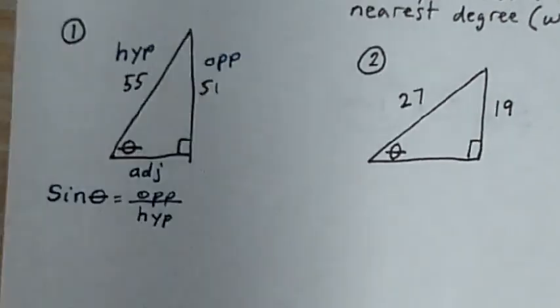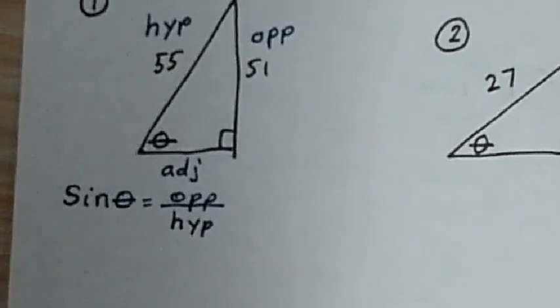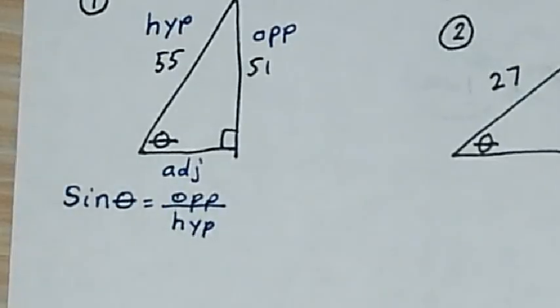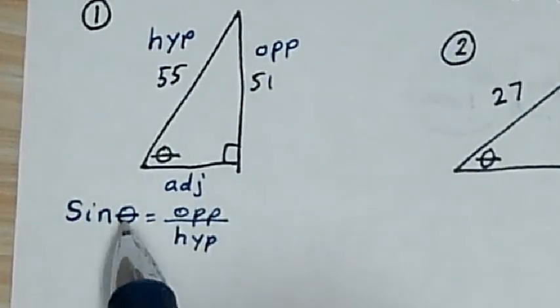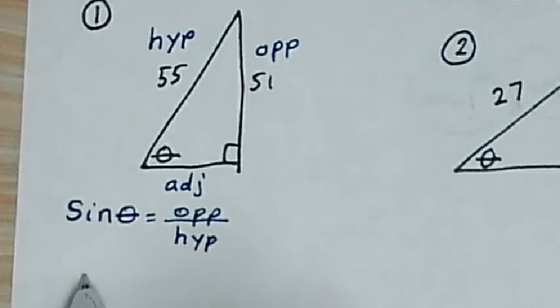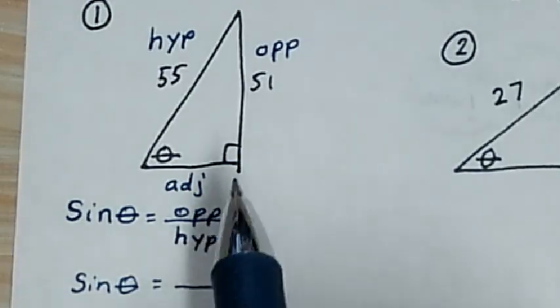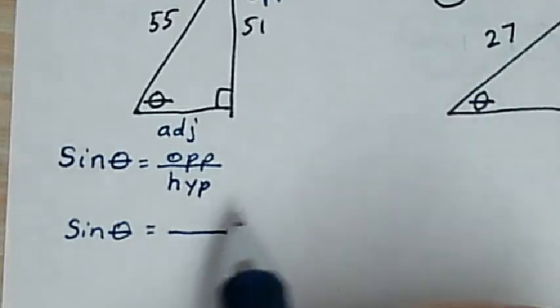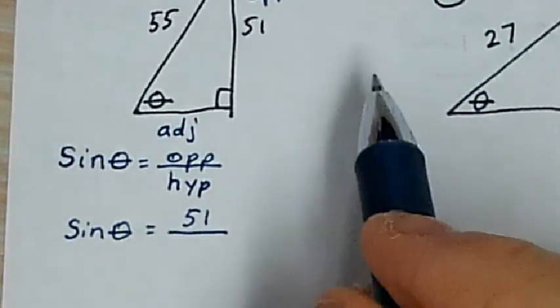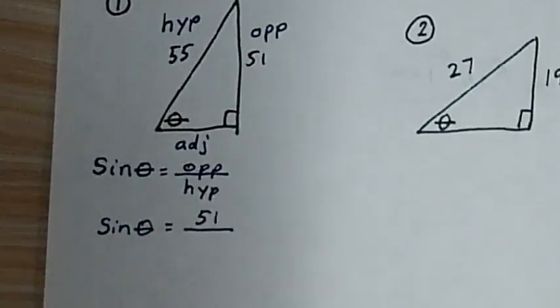And at this point, just fill in the values. We don't have a value for theta, so we'll just leave it as the sine of theta. Do we have a value for the opposite? 51. So we're just going to go 51. And we have the value for the hypotenuse, which is 55.